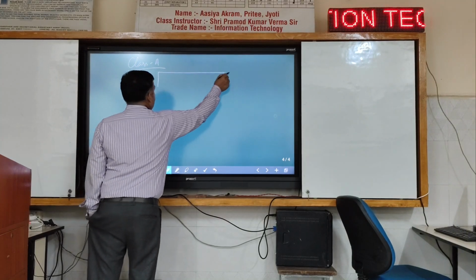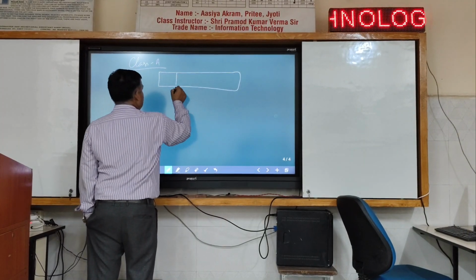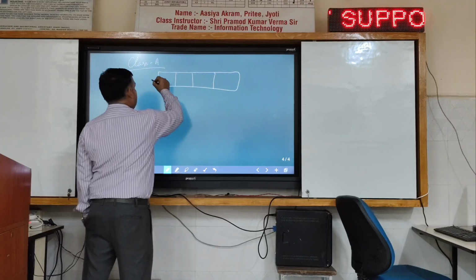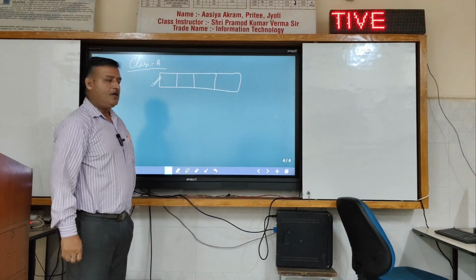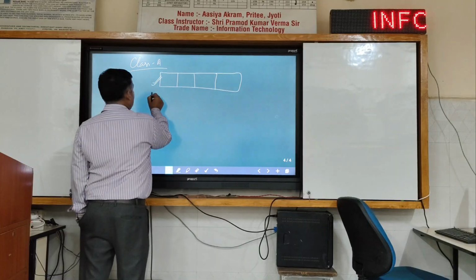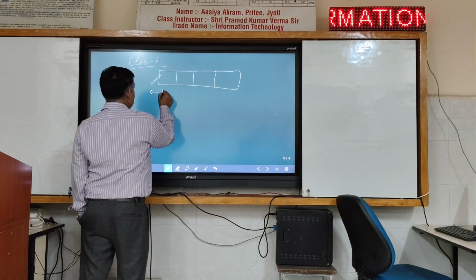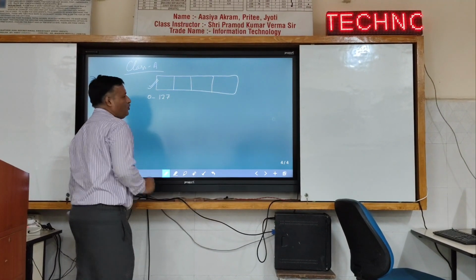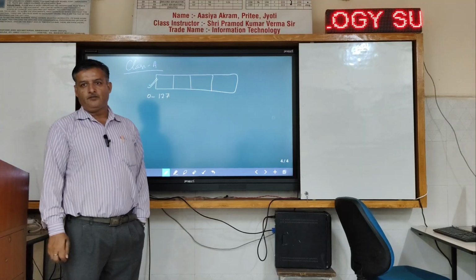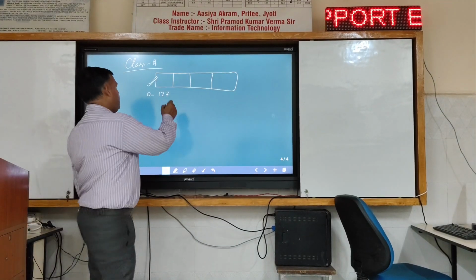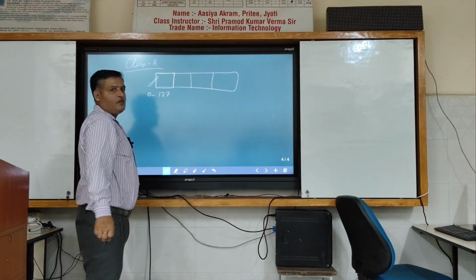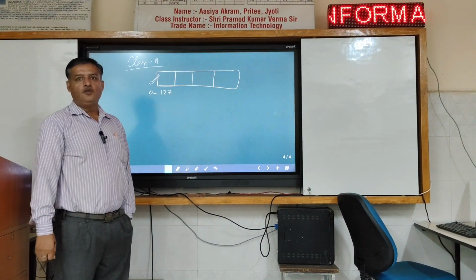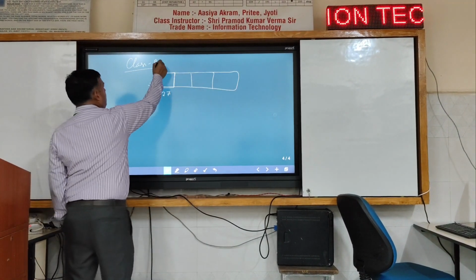The first octet in this scheme says that if the limit is 0 to 127, if this number is assigned in this octet, then we will say it is a class A type of notation.